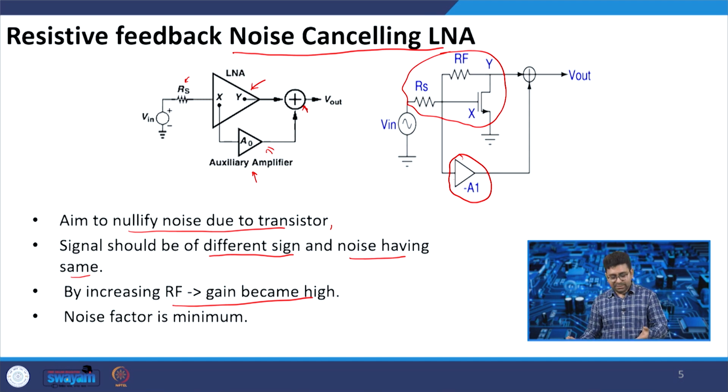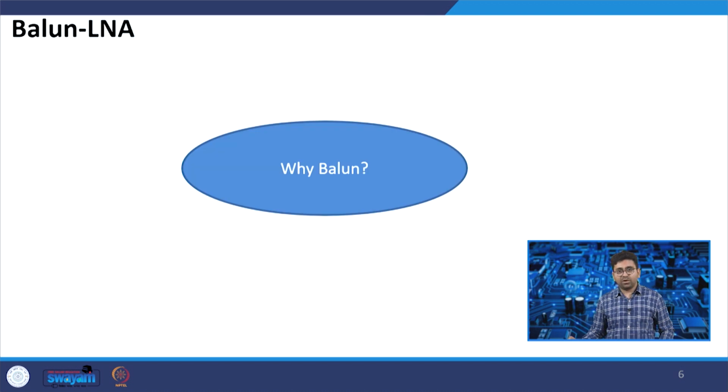So, this depends upon how well both amplifiers are matched in terms of gain. However, it will reduce the noise factor, and in many applications this can be used because this circuit does not require an inductor. So, that is why this is also called the inductorless LNA.